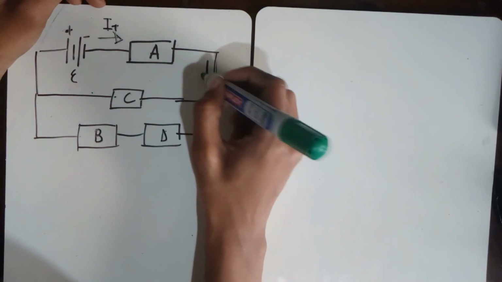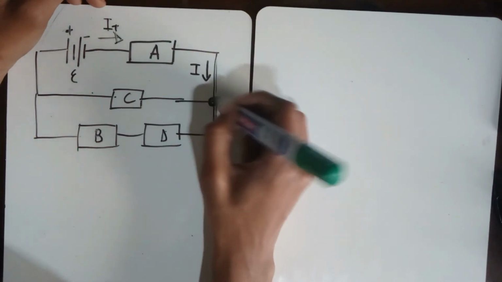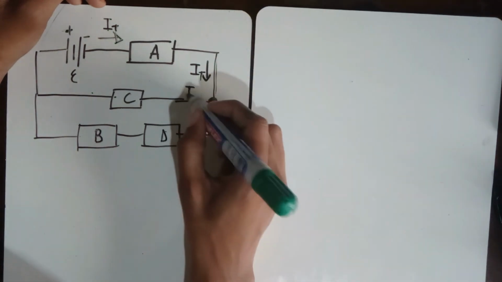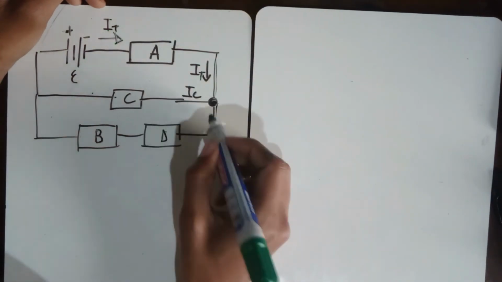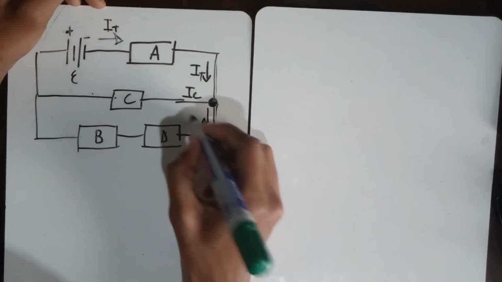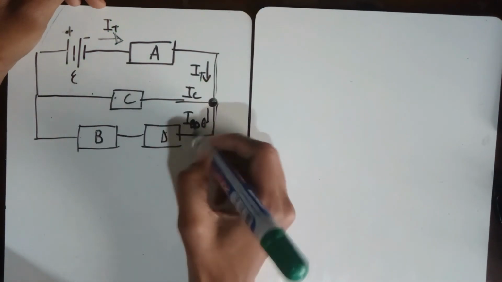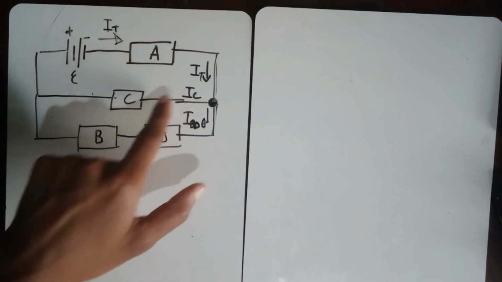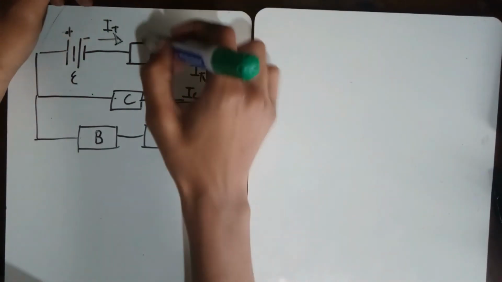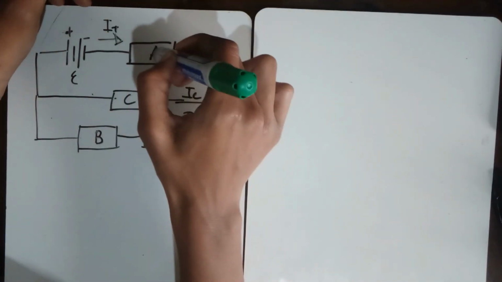When IT gets here, it would be split into two. This total current would be split into the current for this resistor, as well as the current for these two resistors. Let's call them IB, D. So the current coming here would be lesser than the total current. This resistor would have the total current flowing through it.